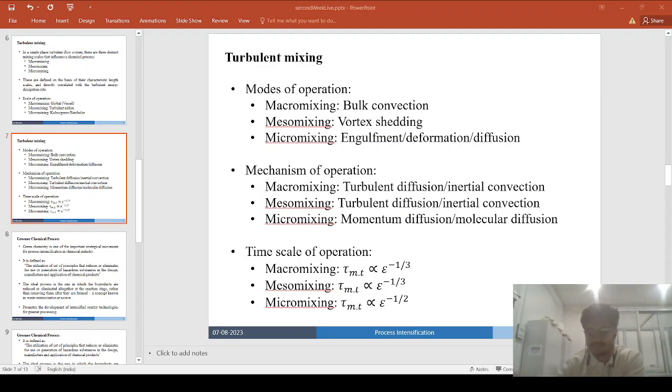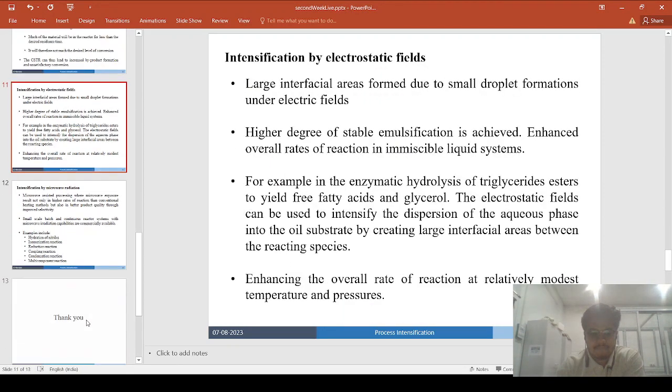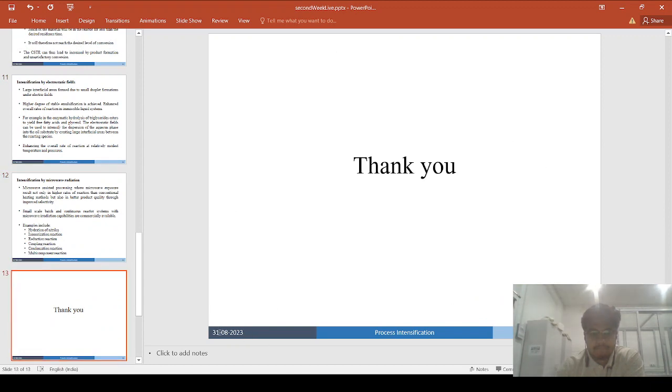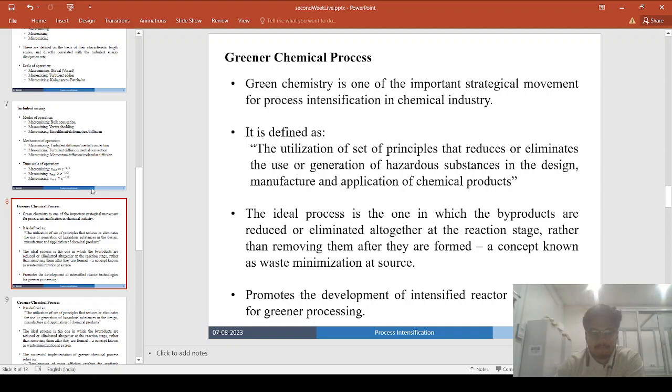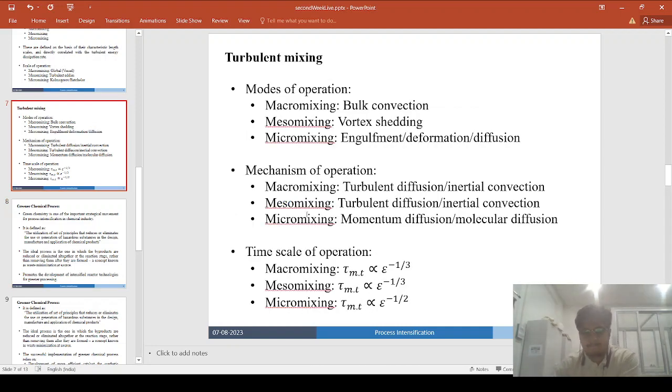Now meso mixing refers to coarse scale dispersive mixing via turbulent eddies.